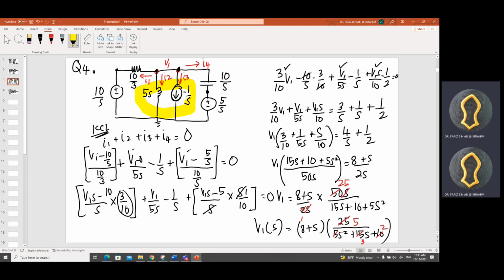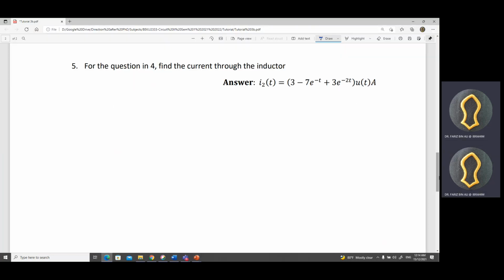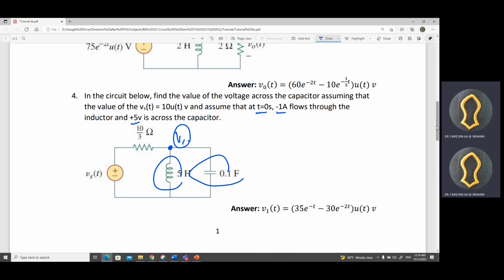If you want to know the current through the inductor, if you refer to this figure here, the current through the inductor is this one. But we actually have two branches, where not only the inductor but what we drew just now.